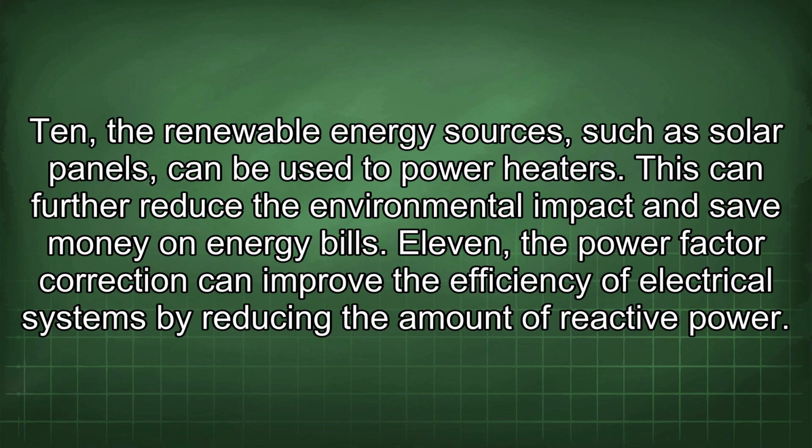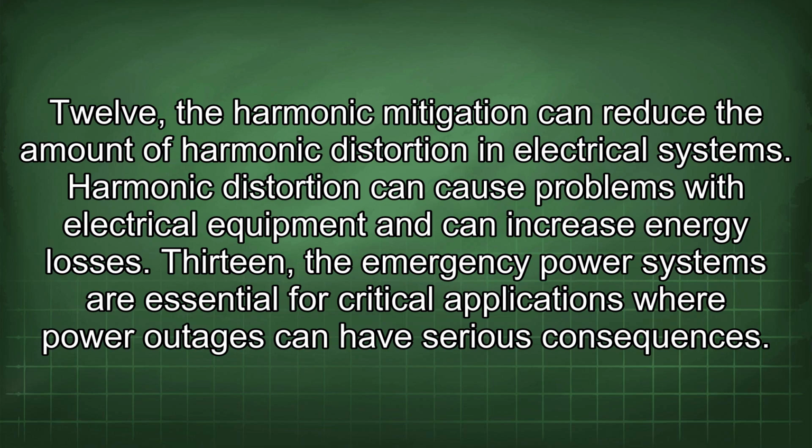11. Power factor correction can improve the efficiency of electrical systems by reducing the amount of reactive power. 12. Harmonic mitigation can reduce the amount of harmonic distortion in electrical systems. Harmonic distortion can cause problems with electrical equipment and can increase energy losses. 13. Emergency power systems are essential for critical applications where power outages can have serious consequences. 14.